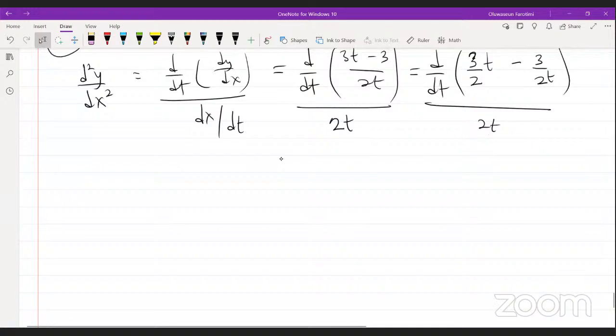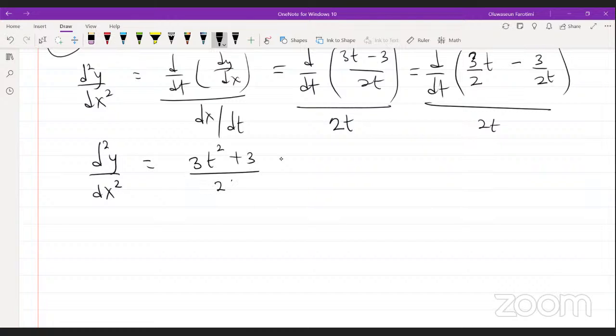So when you differentiate that, what do you get? We're just going to get 3t squared plus 3, all over 4t cubed. Why?